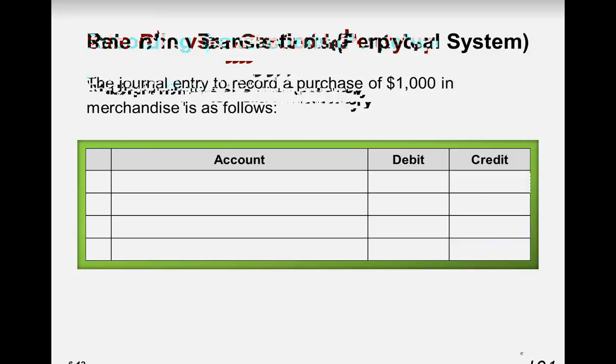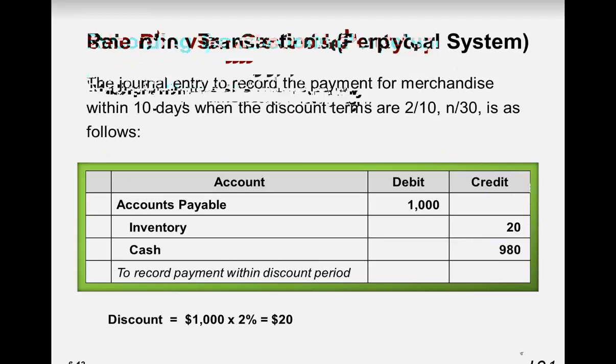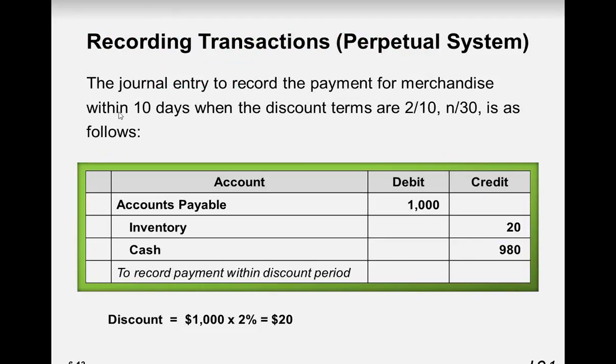And I'm just going to click through these real quickly. We're just doing exactly what we showed on the other entries. One thing I might note here is when we are getting a discount on an inventory invoice, you notice that we had here terms of 2/10, net 30.